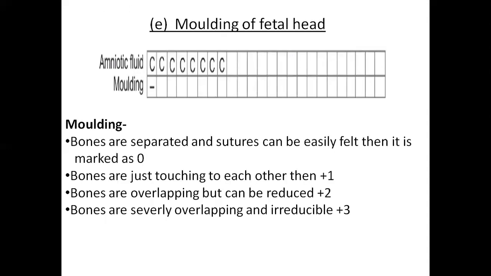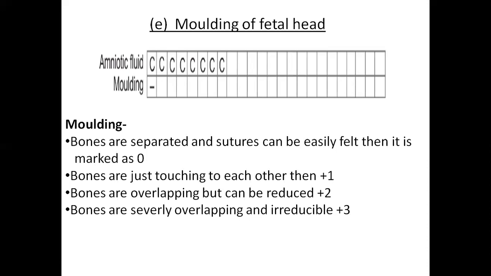Molding of the fetal head. What is molding? Molding is the adjustment of the bones of the skull while passing through the pelvis. When the bones are separated and sutures can be easily felt, it is marked as 0.